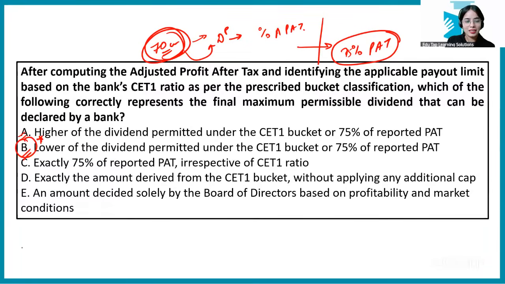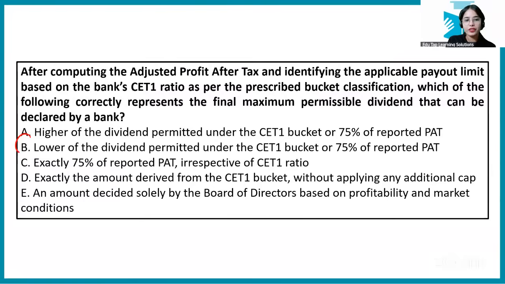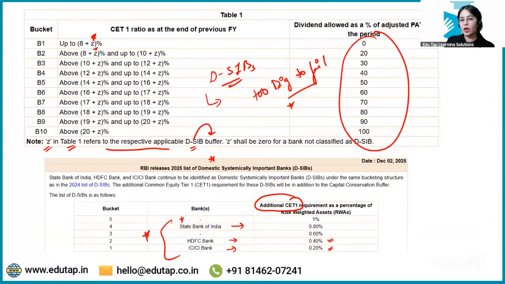Everyone gave the right answer. That is B. Lower of dividend permitted under the common equity tier 1 bucket or 75% of the reported PAT. The maximum that can be given is this, not more than this. Okay, so lower of these has to be paid out. Either the lower of dividend that is allowed as percentage of the adjusted PAT or the 75% of the PAT.